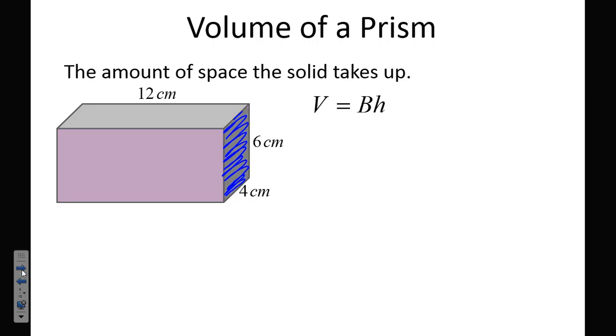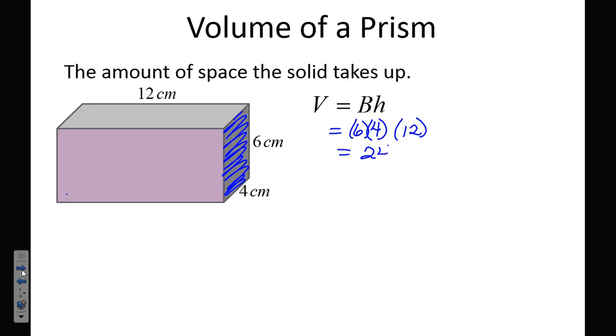Okay, so we want to take the length times the width. 4 and 6 are our length and our width. So our area of our base will be 6 times 4. And then what's the height of our prism? If this is the base, what's connecting these two bases together? 12. So we're going to take that times 12.